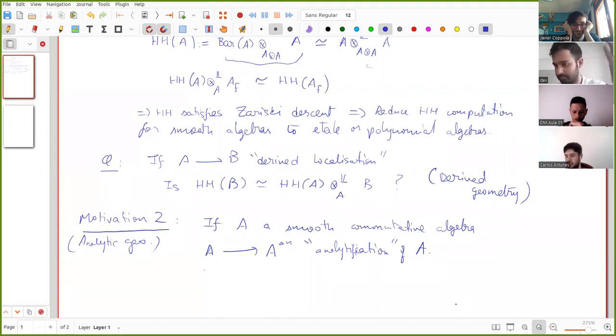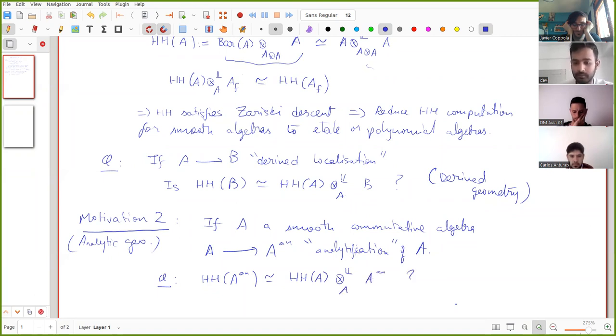Okay, now analytifications, because you're adding a topology to some algebra, it makes it all the more complicated. But again, as in the question above, what you might want to ask is, is the Hochschild homology of the analytification in some sense the same thing as the Hochschild homology of the algebra derived tensored over the algebra with the analytification?